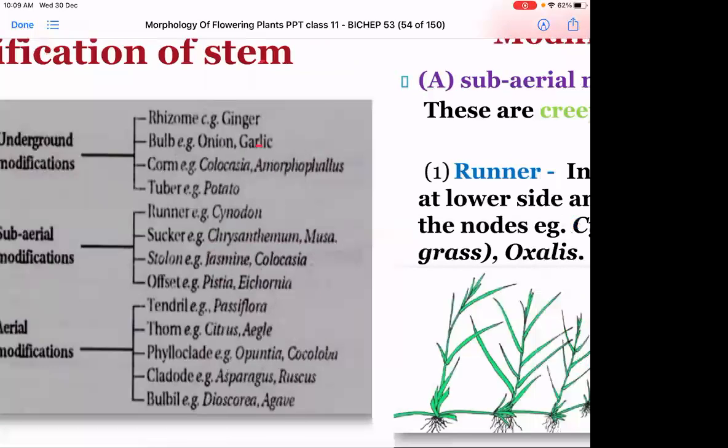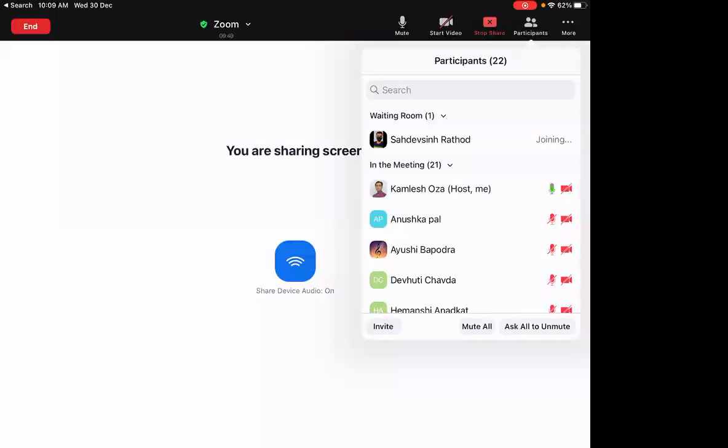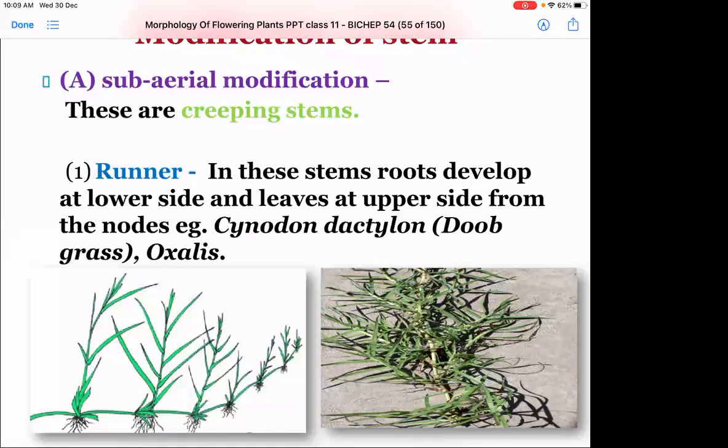Now let us discuss first about the subaerial modifications. Subaerial ones are above the ground but at the level, they are spread over the surface of the soil. There are a few specific types of it, and the first one is a runner.